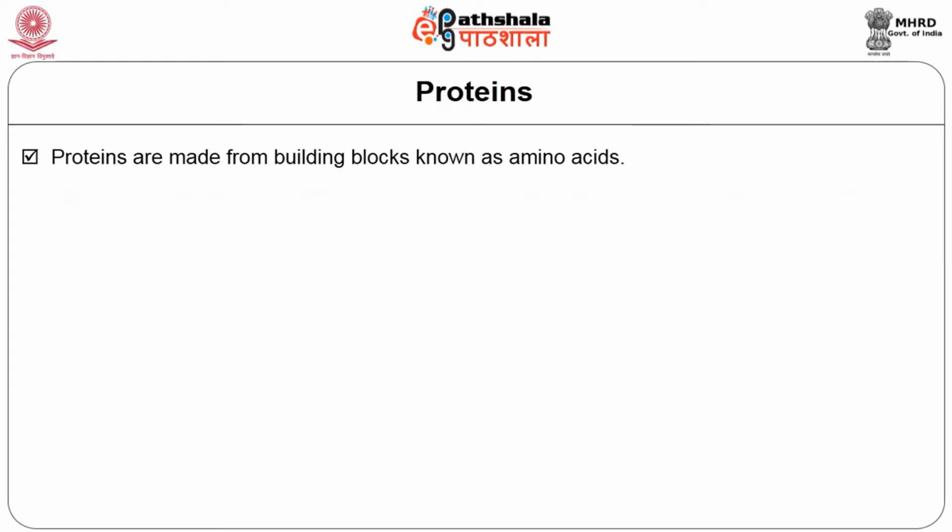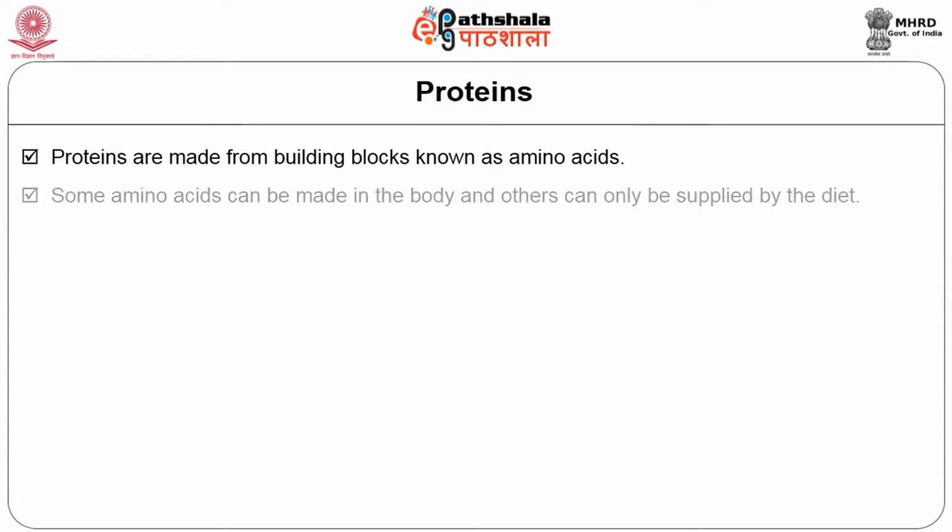There are 20 different amino acids. Some amino acids can be made in the body and others can only be supplied by the diet. These are known as the essential amino acids. Some foods are better providers of these amino acids than others.